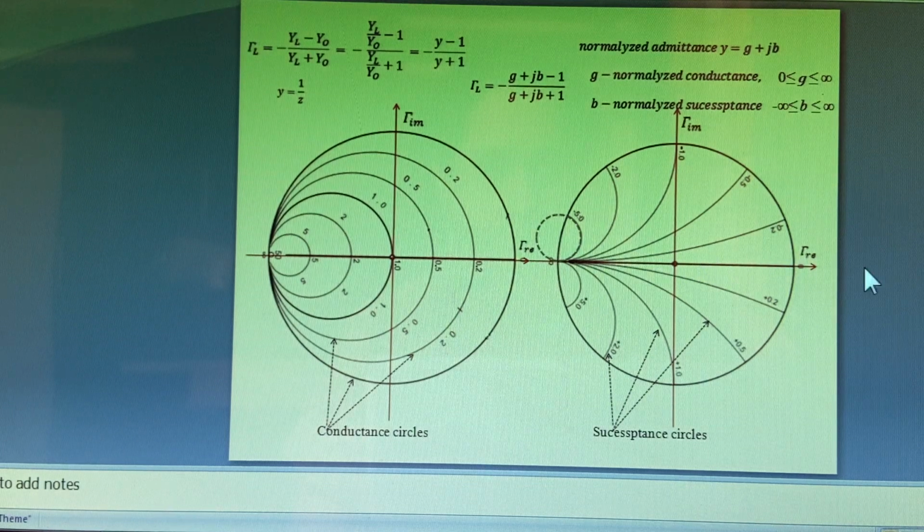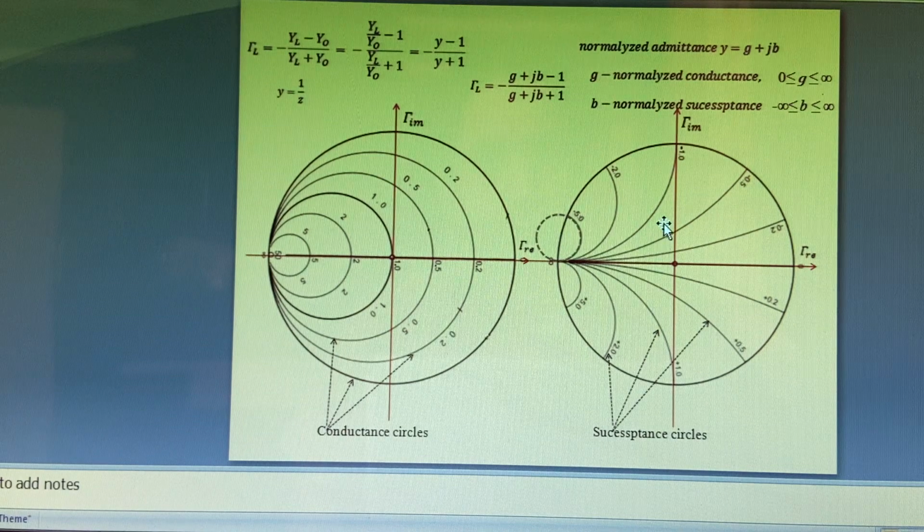In the lower part also we can find circles. This circle is associated with susceptance equal to plus 5, and this one susceptance equal to plus 2. These circles correspond to the other sign of susceptance.